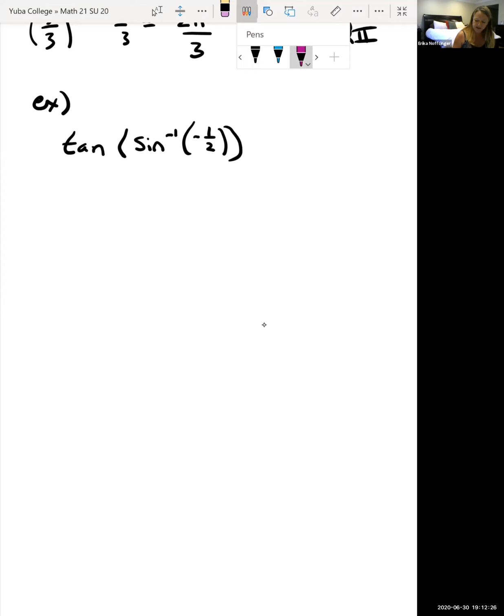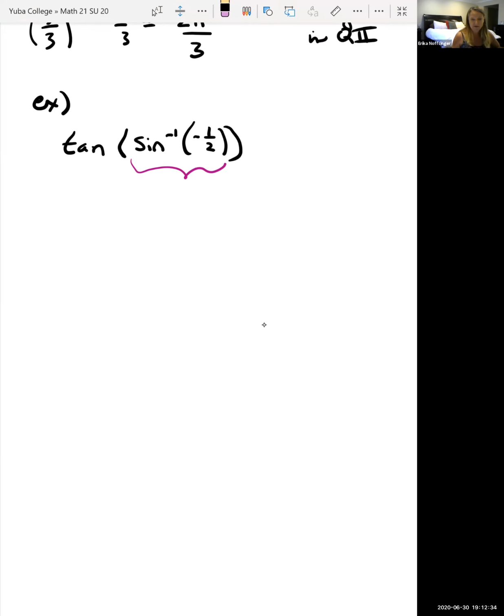So find the exact value of, let's say, tangent of sine inverse of -1/2. First thing, we want to look at the inner function, sine inverse of -1/2.